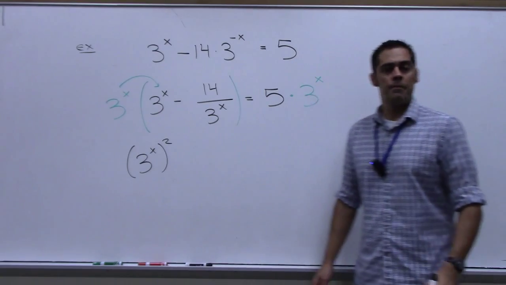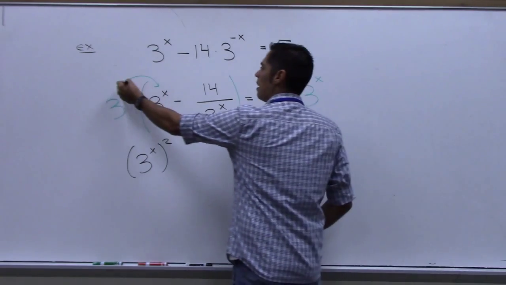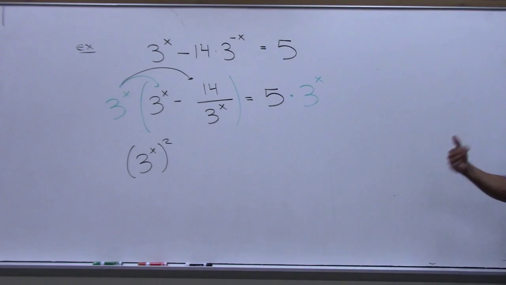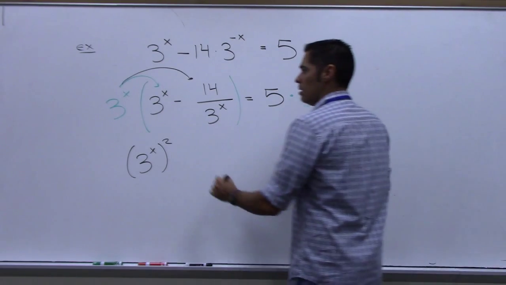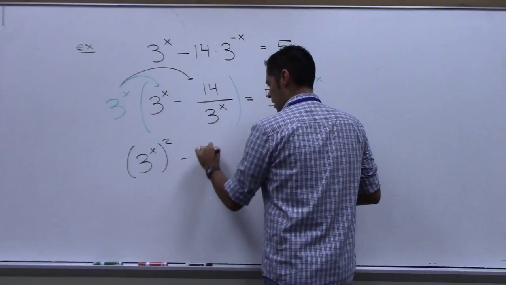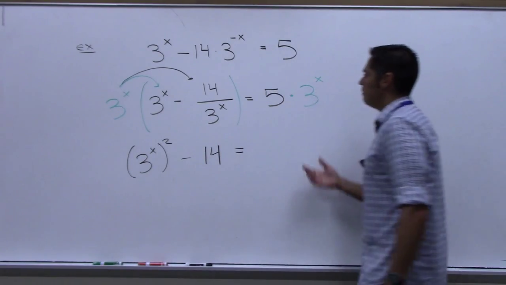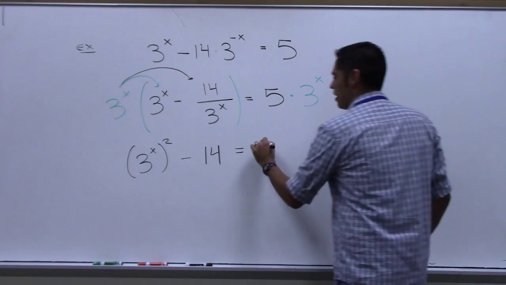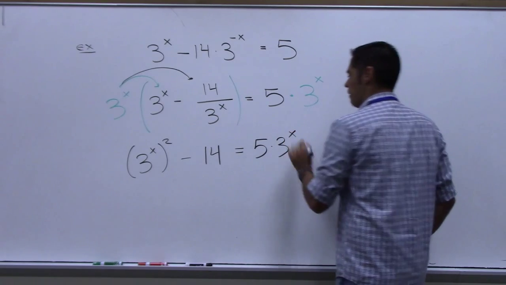Then, when I multiply here to here, what happens to the 3 to the x on top and 3 to the x on the bottom? They cancel, you're left with just minus 14. And then on the right, what's 5 times 3 to the x? Yeah, that's right. You can't do that. See, it's 5 times 3 to the x, whatever that is, right?